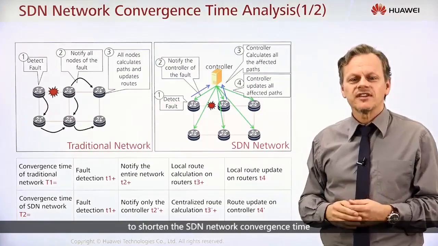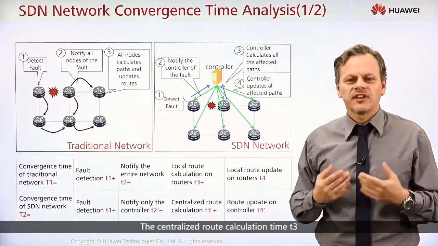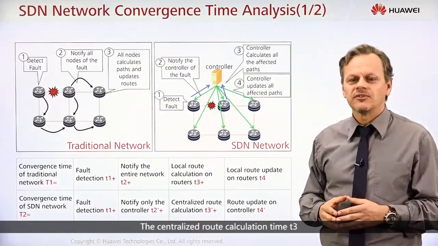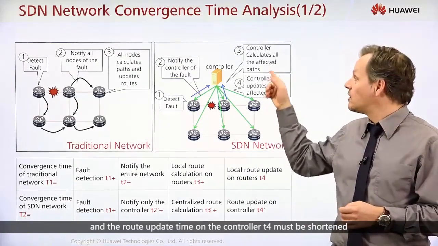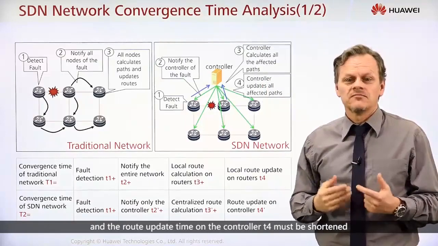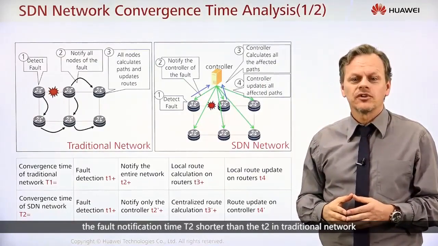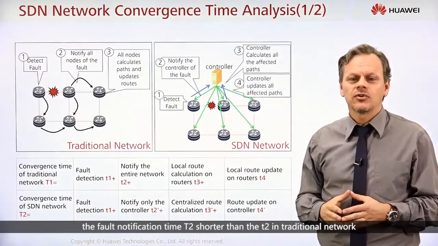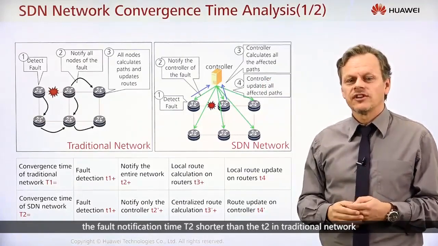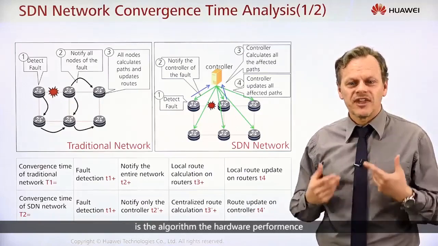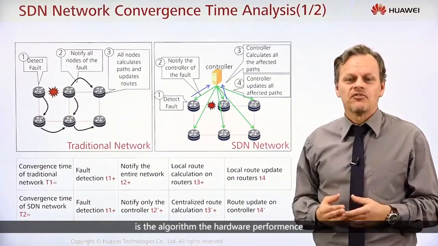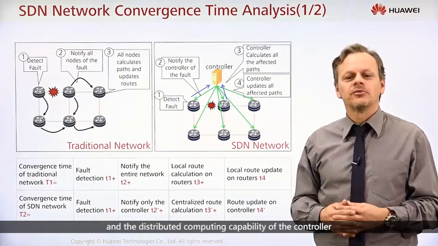To shorten the SDN network convergence time, the centralized route calculation time T3 and the route update time on the controller T4 must be shortened. The fault notification time T2 is shorter than the T2 in traditional networks. So the key to shorten the SDN network convergence time is the algorithm, the hardware performance, and the distributed computing capability of the controller.